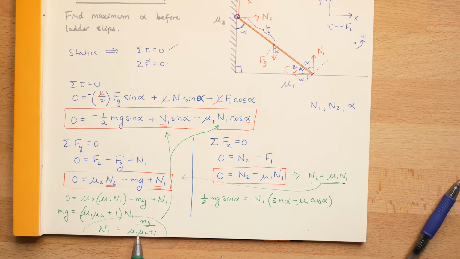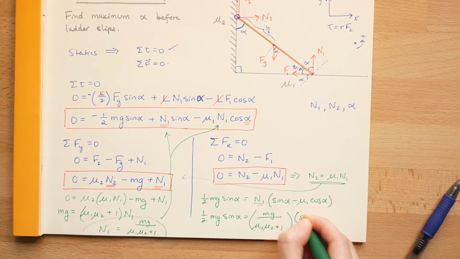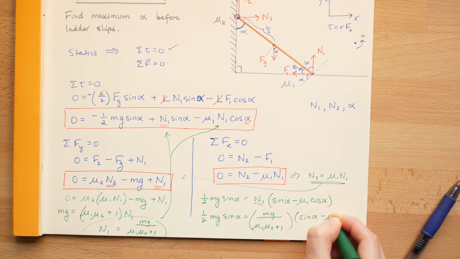Now I can plug this in for N1. So this side will be the same. And here, mg over mu1 mu2 plus 1 times sine alpha minus mu1 cosine alpha.